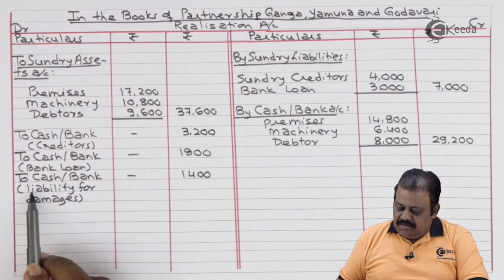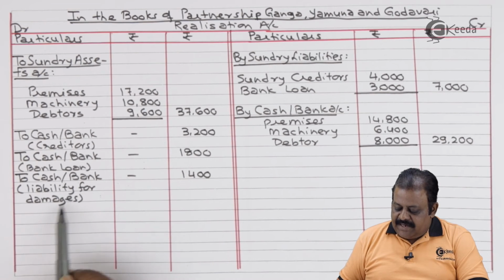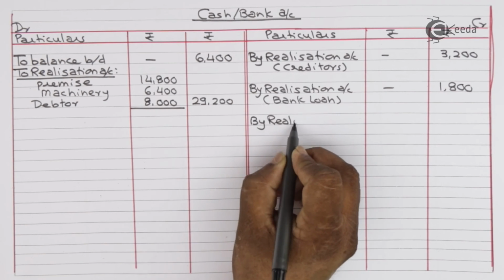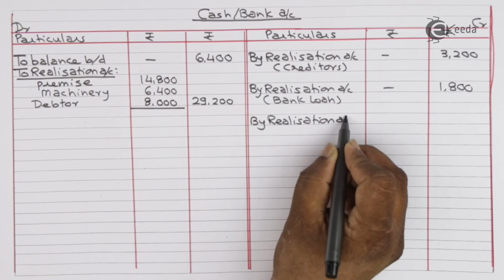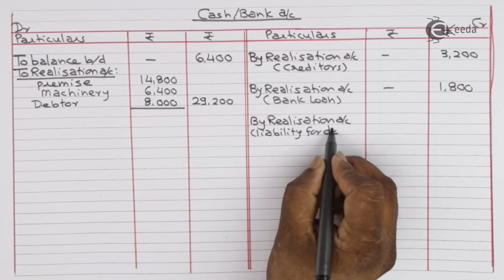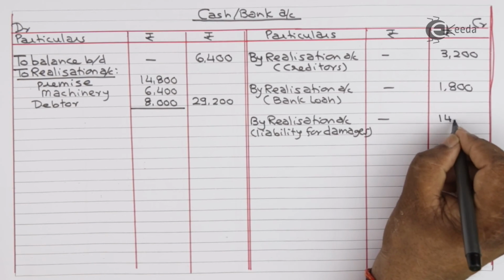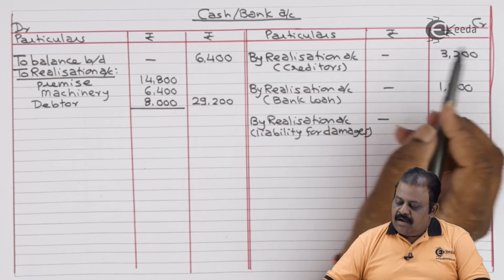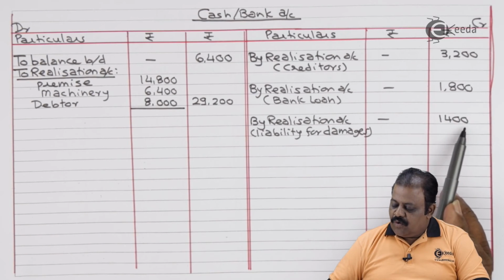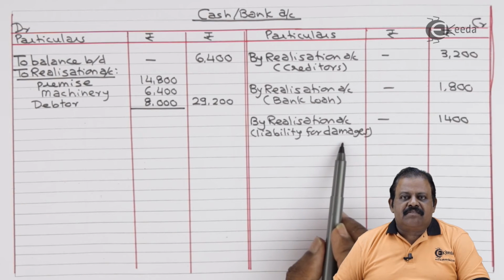Realization account debit to cash bank 1,400 liability for damages. Cash bank account credit by realization account 1,400 for payment of liability for damages.